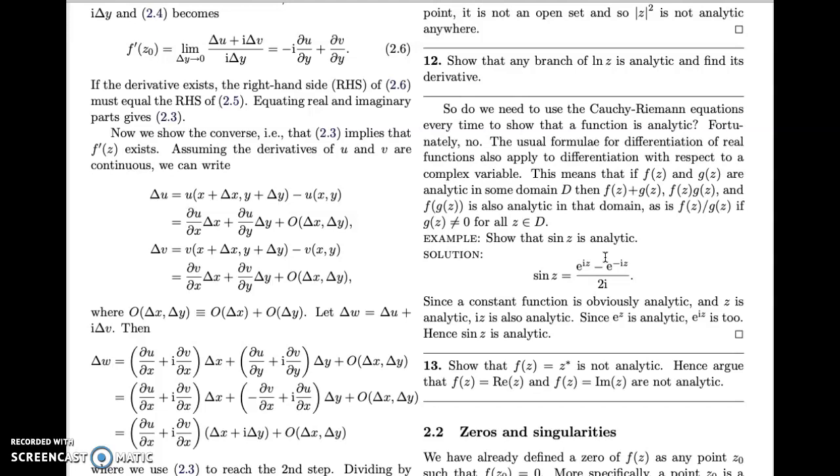So, do we need the Cauchy-Riemann equations every time to show that a function is analytic? Well, fortunately, no. We can actually use the normal rules of differentiation, the normal formulas for differentiation of real functions, which also apply when you differentiate complex variables.